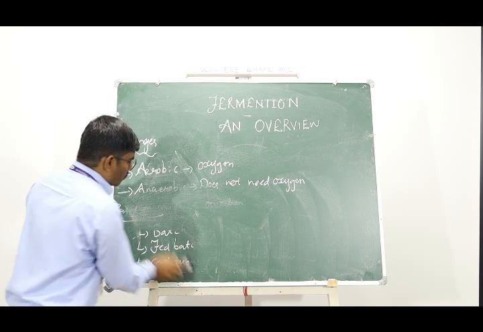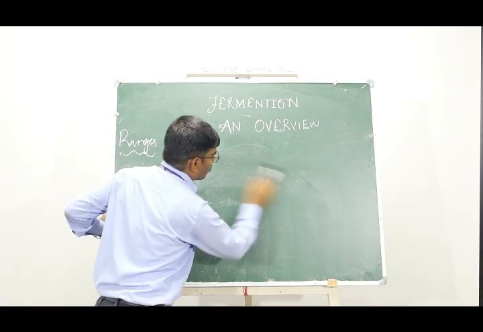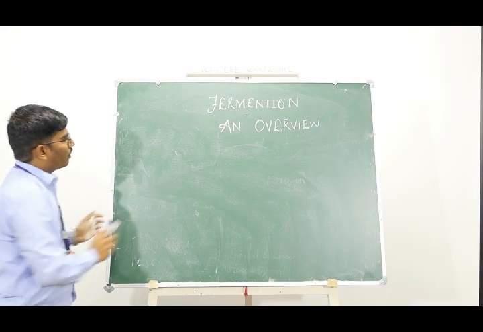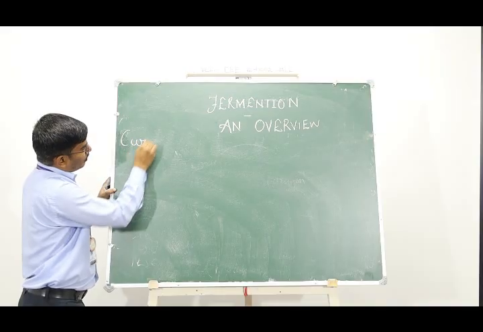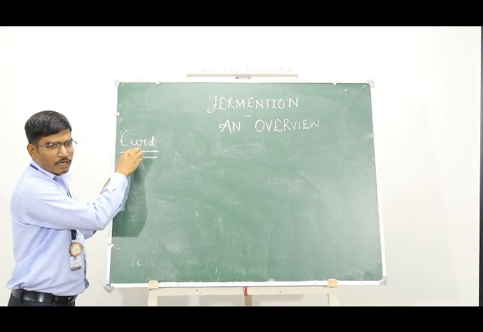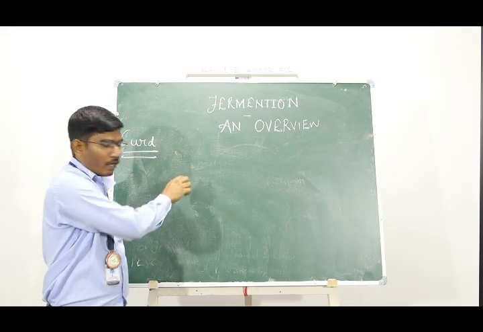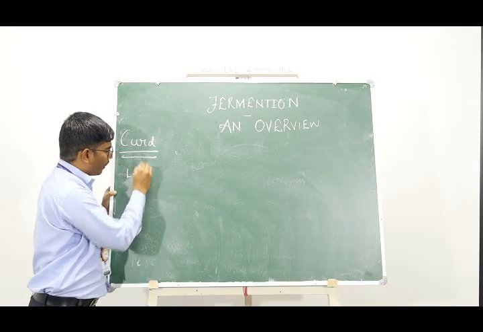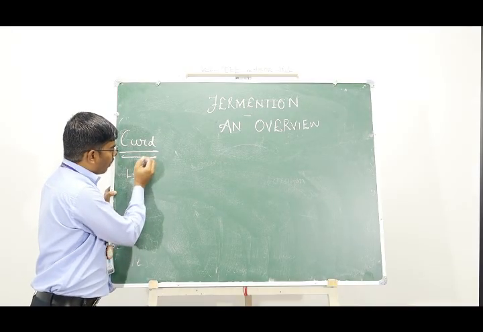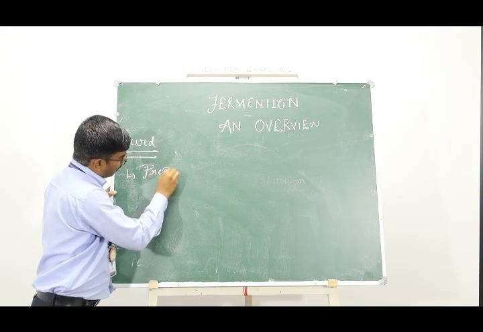Okay. One best example for the fermentation process I will explain: the preparation of curd. This curd is a best example of a fermented product. There are several steps involved in the curd preparation. First, we need the preparation of the milk.